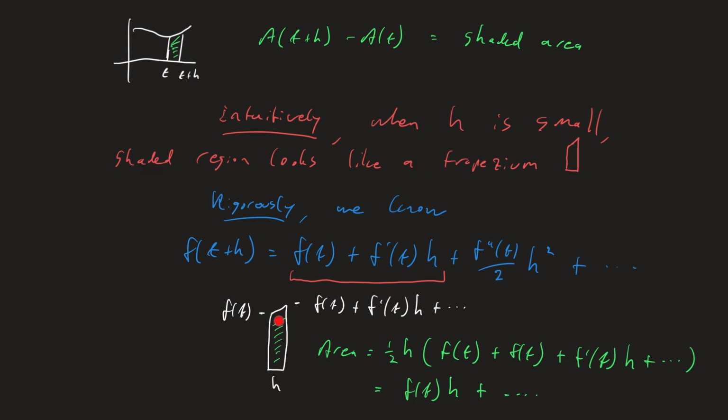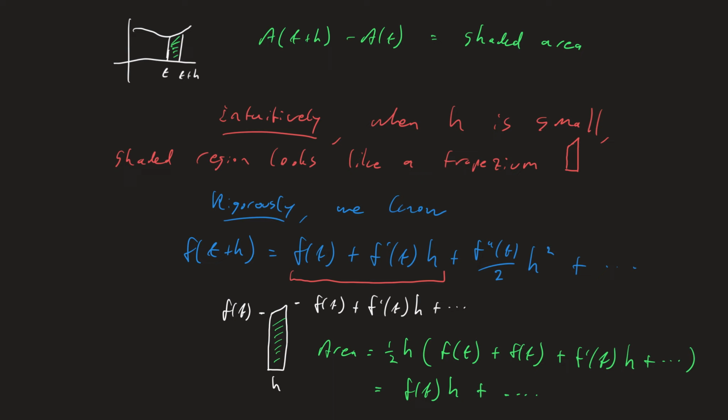For this region here then, we know that the height on the left hand side is f of t, corresponding to this point here, and we know the height on the right hand side corresponding to f of t plus h is given by a Taylor series over here in h.